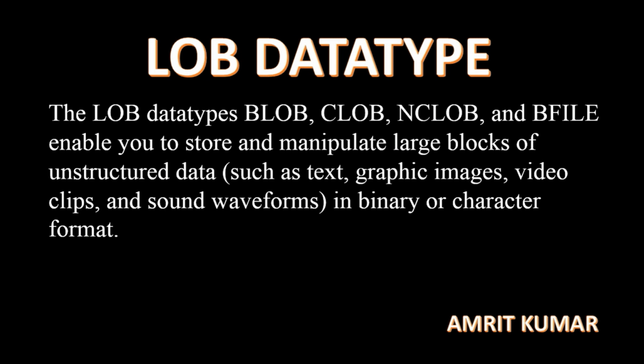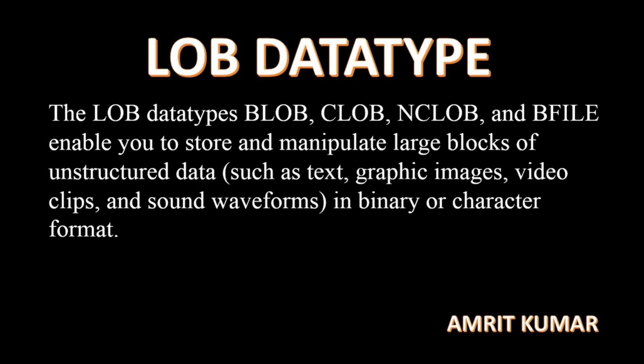And in the date data type, we studied that it stores dates and times in a table. So the LOB data type also stores some values. What types of values? It stores and manipulates large blocks of unstructured data.